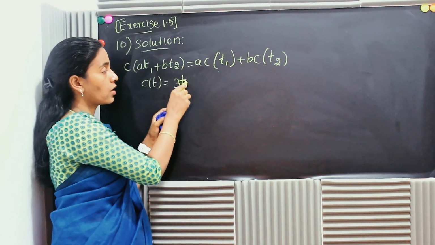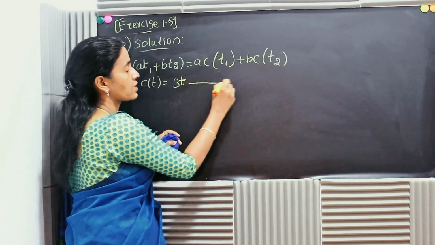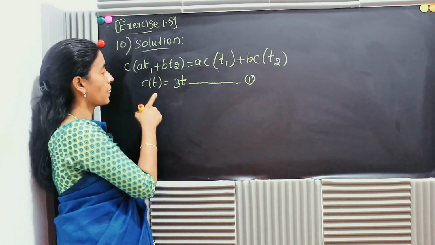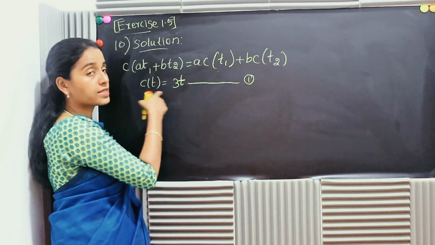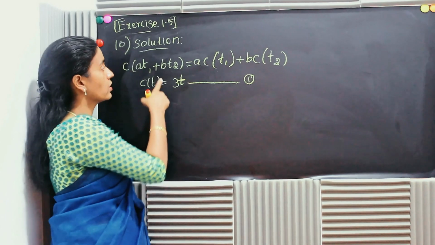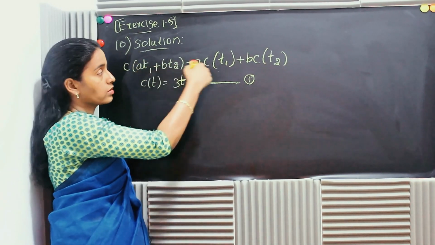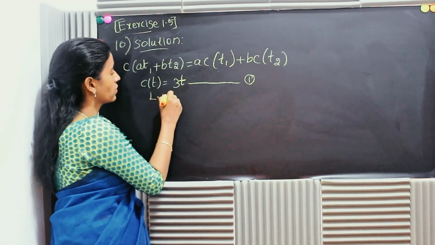Based on this expression, we can take this as equation number 1. By comparing these with this equation, we'll be getting the answer. Now I am taking this as LHS, that is left hand side. This is RHS. Now, what is LHS here?